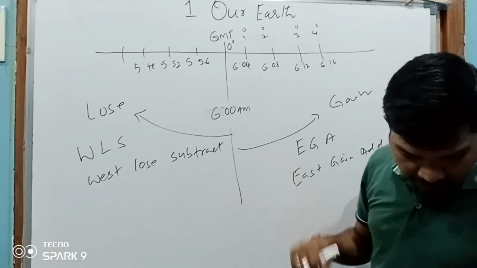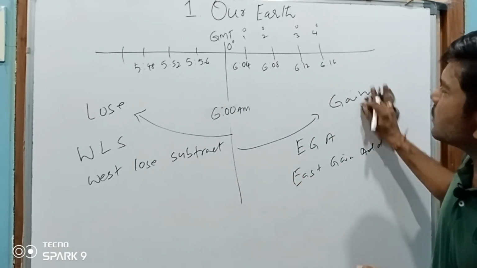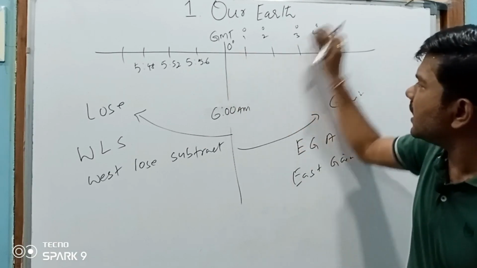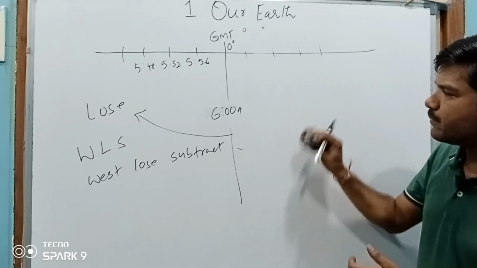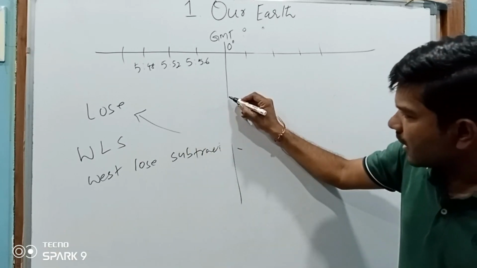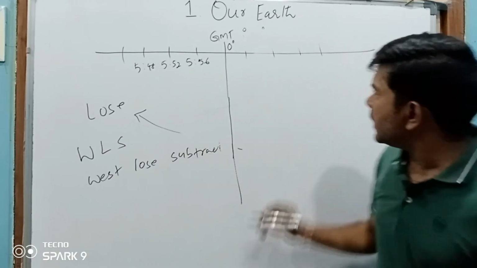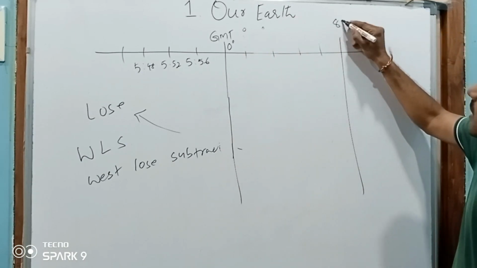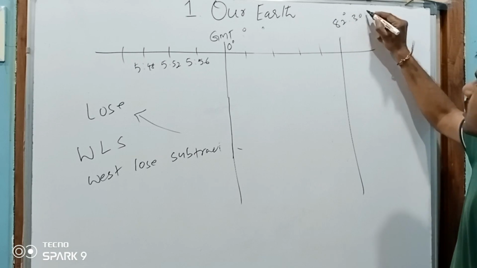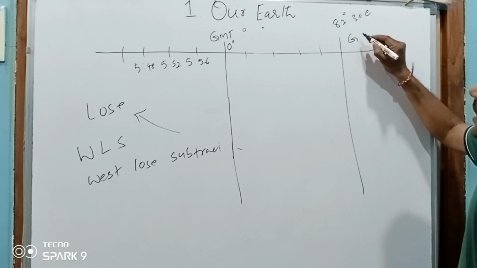Let's calculate the time difference between India and London, and you can celebrate your birthday twice. Our Indian time, 82 degree 30 minutes east longitude, is considered as Indian Standard Time.